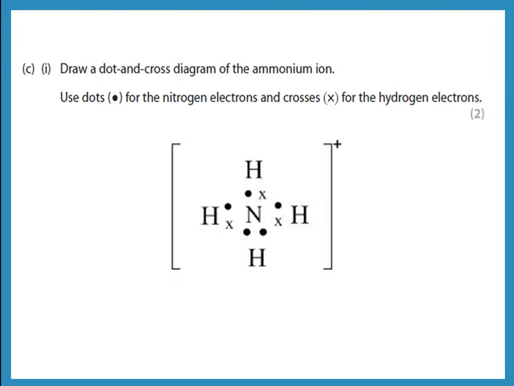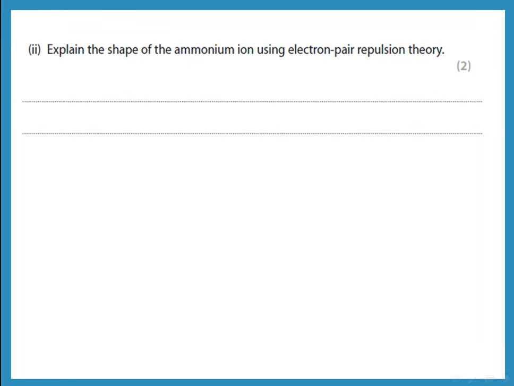So one of these hydrogens will have both electrons from the nitrogen. In my diagram, the hydrogen below is the one that has 2 electrons from the nitrogen. That is a dative bond, while the others are a pair of electrons, one from each atom. And of course, do not forget that this has an overall positive charge.